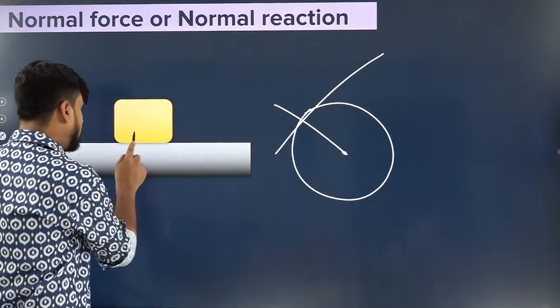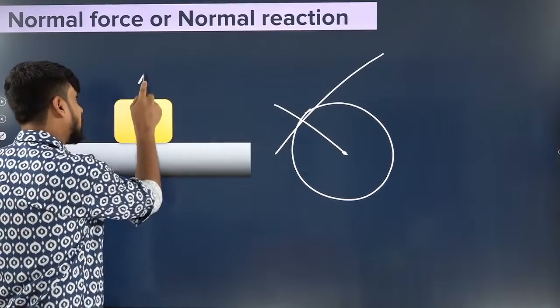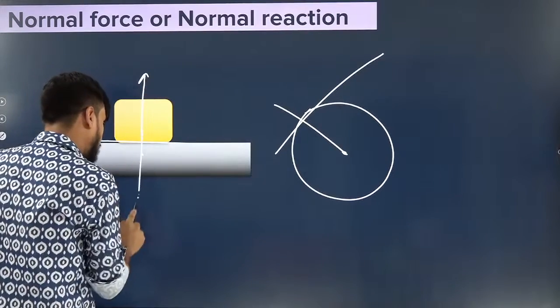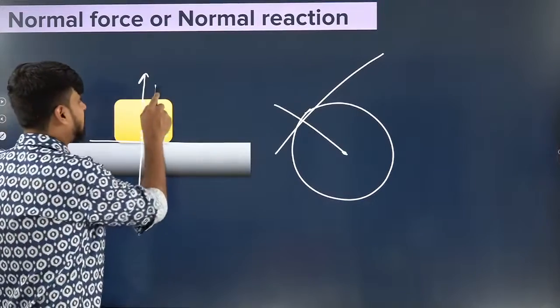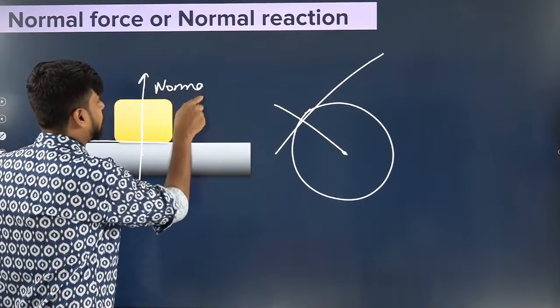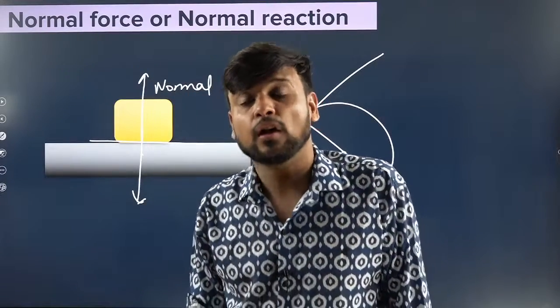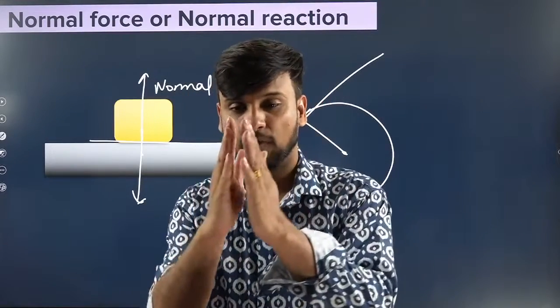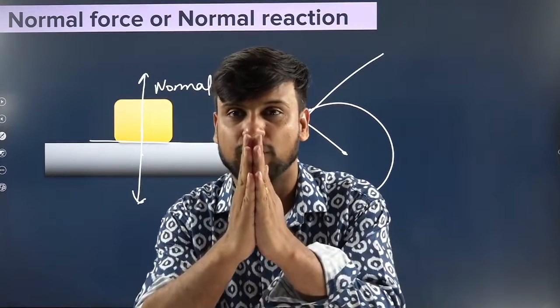Force between two contact surfaces. There is one force, in which direction? Perpendicular to the tangent, perpendicular to the surface. That's why these forces are termed normal forces. Yes, this one, namaste. This is your normal force, right?